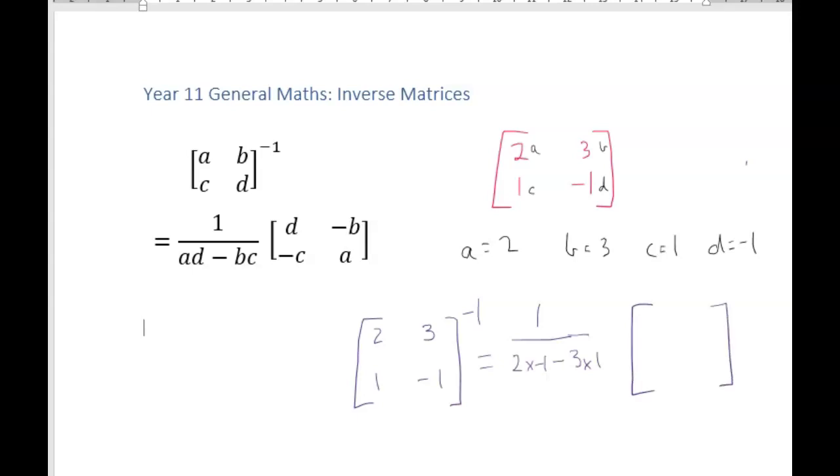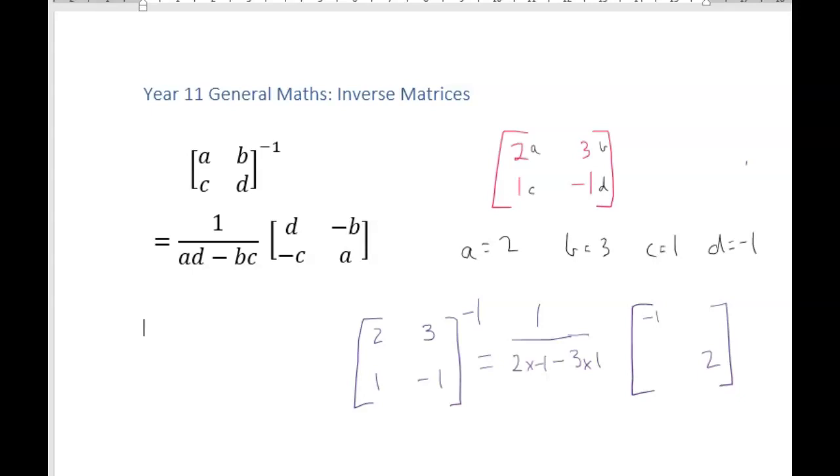So D and A switch spots. Okay, so you can see how they used to be AD, now it's DA. So D is -1 and A is 2. And C and B stay in the same spot, but they change signs. So if they were positive before, so see how C and B were positive before, they become negative.